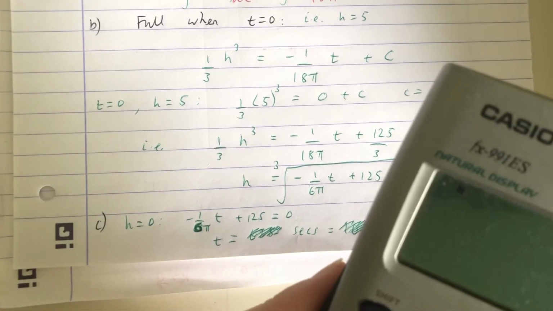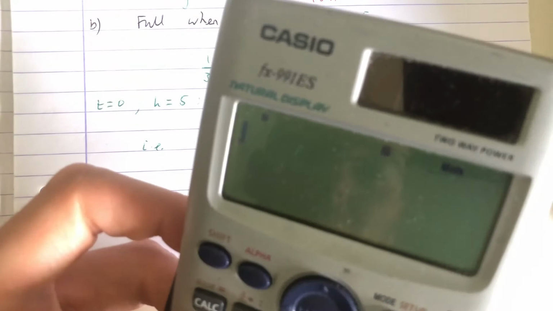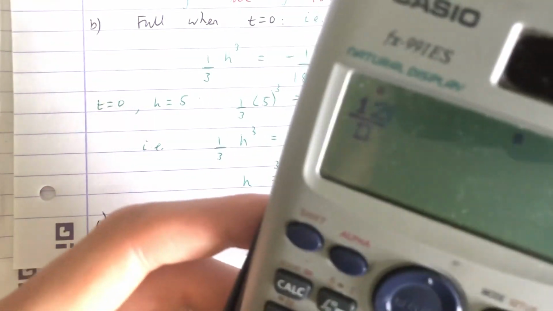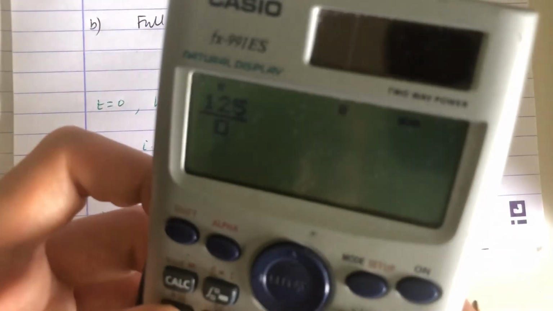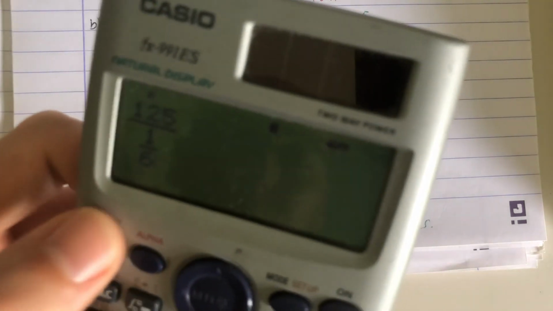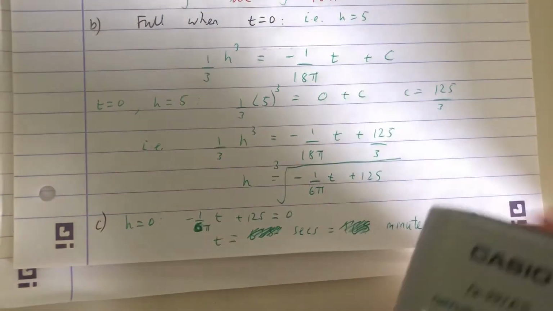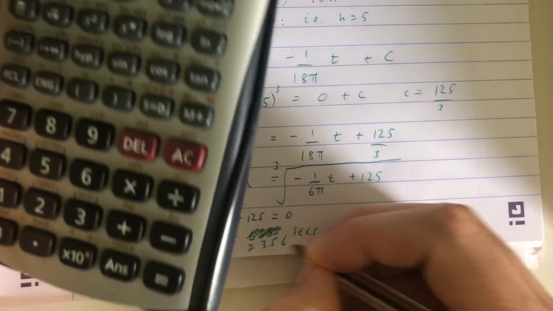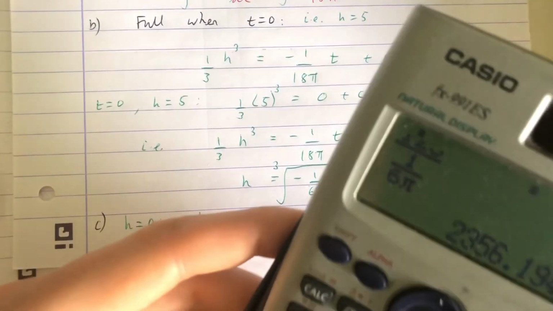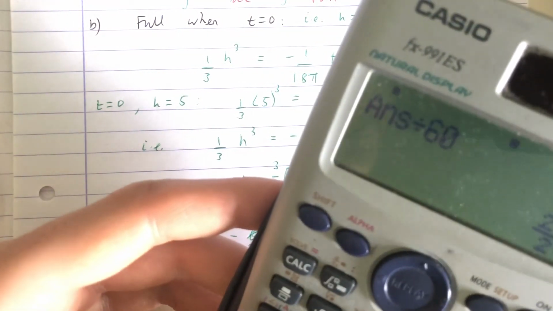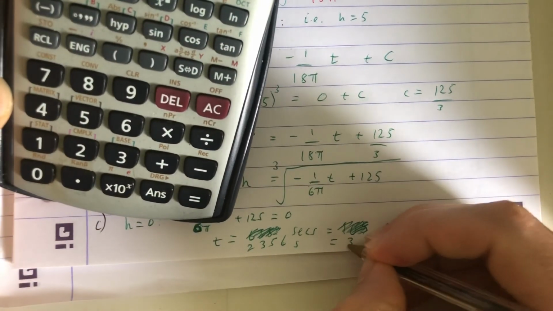And now if you do 125 divided by 1/6 pi, you get 2,356 seconds, which is equivalent to 39 minutes.